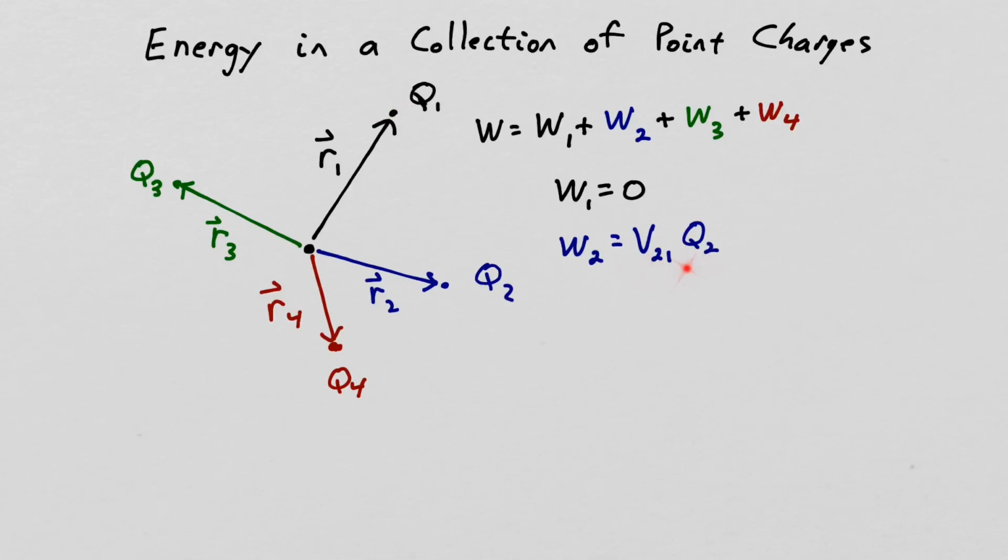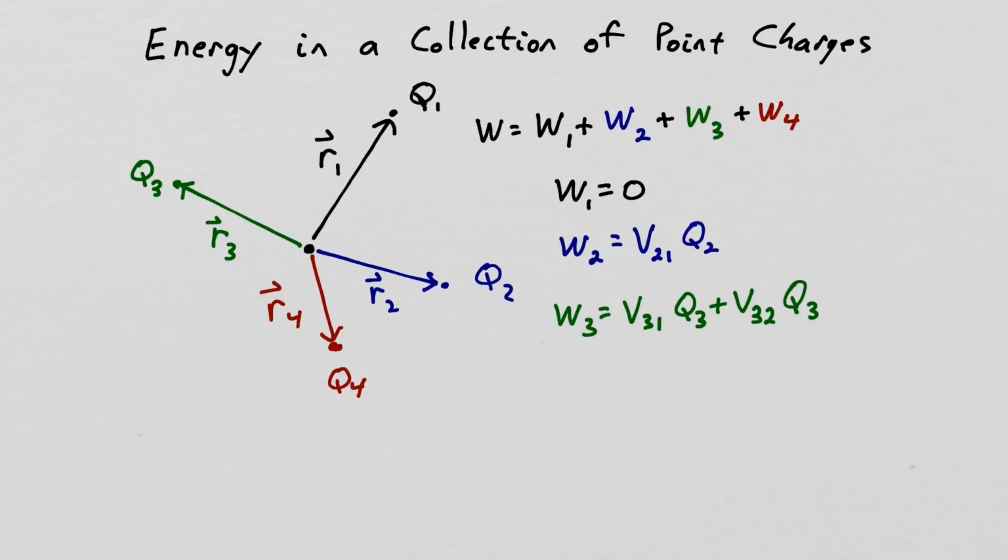Now we bring in Q3 with Q1 and Q2 present. V sub 3(1) is the amount of work to bring 1 coulomb of charge from infinity to the location of Q3 if just Q1 were present. V sub 3(2) is the amount of work to bring 1 coulomb of charge from infinity to the location of Q3 if just Q2 were present.